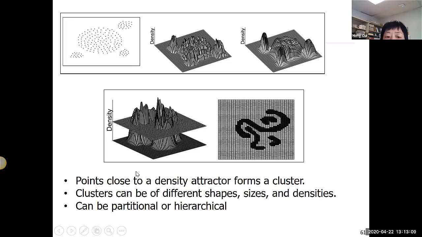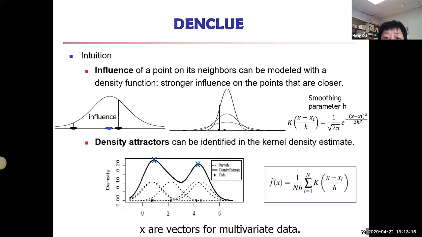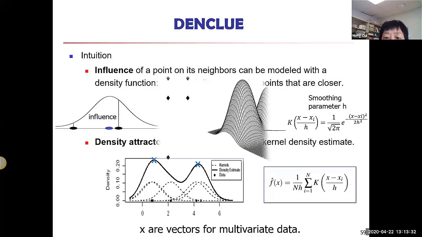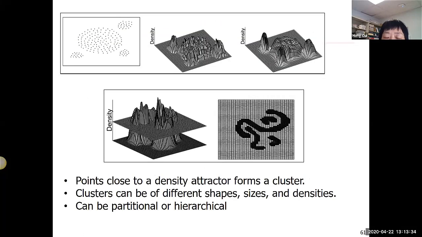So the points close to a density attractor form a cluster. If we go back and see here, if we have decided those are density attractors, then all the points that are attracted to this point will be considered belonging to the cluster with this density attractor. I know that point has not been made very clear. We will clarify that shortly.